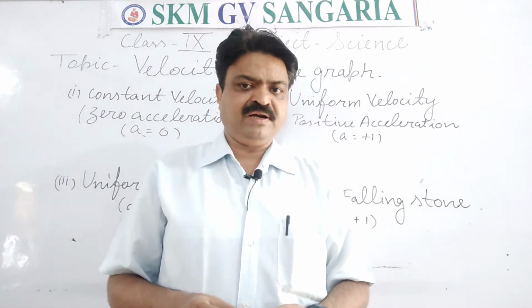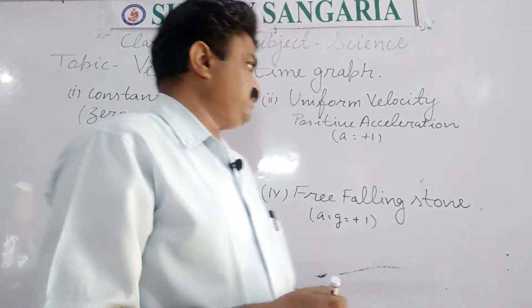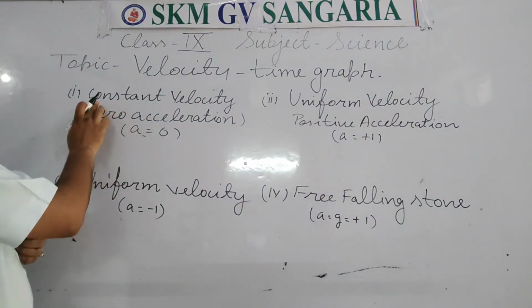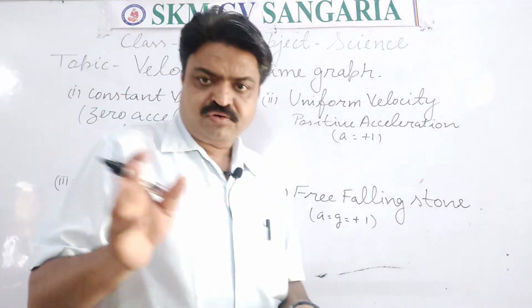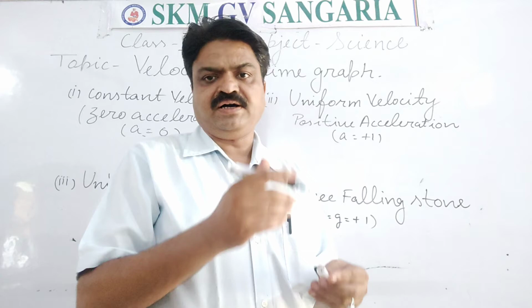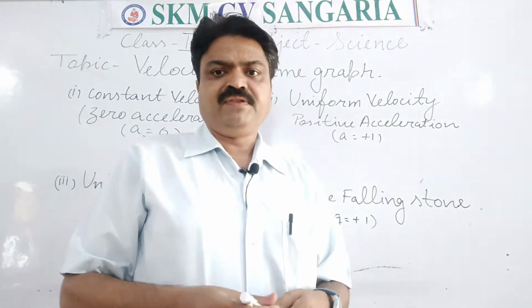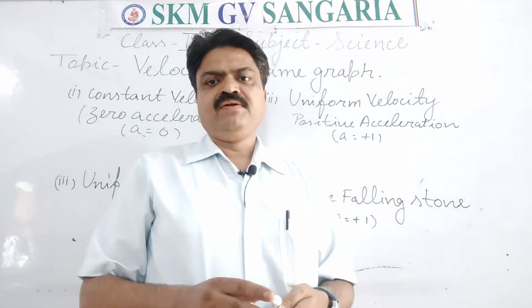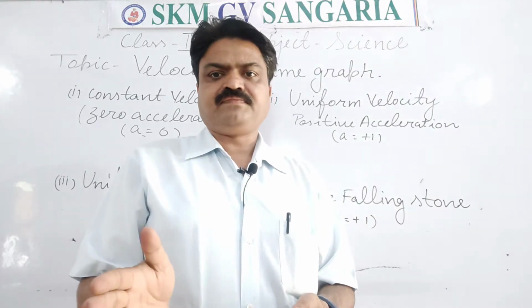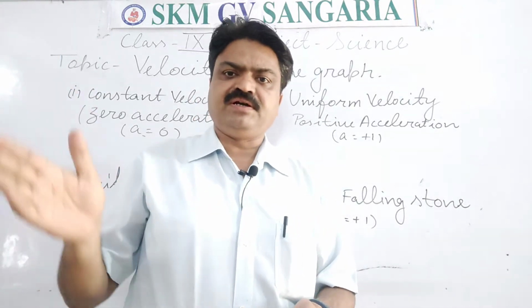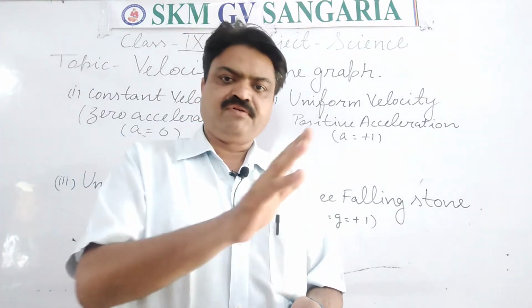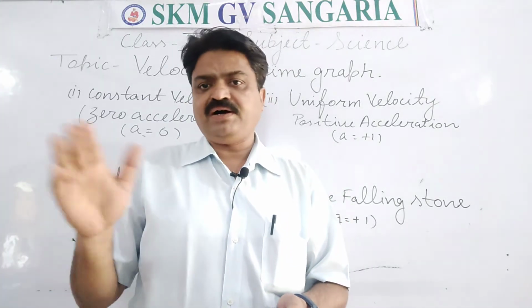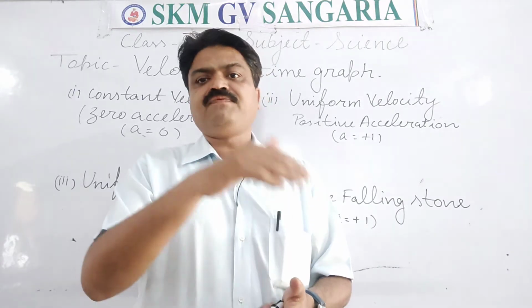So the first graph that we will discuss today is a graph with a constant velocity, in which an automobile like a bus or car is moving with a constant velocity. It may be 40 meters per second, 30 meters per second, or 60 meters per second, or in kilometers per hour we can also represent it in the form of speed.